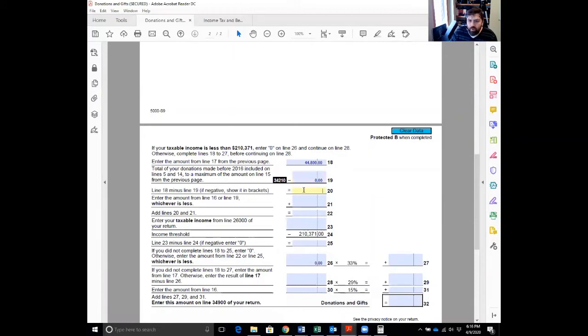Line 18 minus line 19, 44,800. And enter the amount from line 16 or line 19, whichever is less. So 0 is less. Add lines 20 and 21.